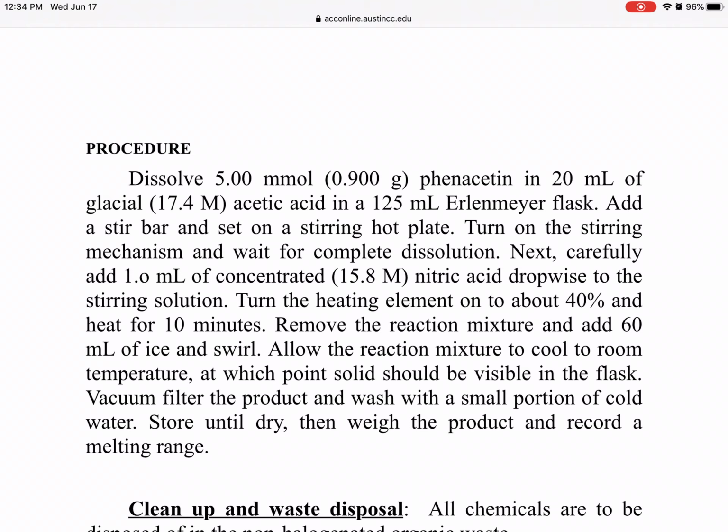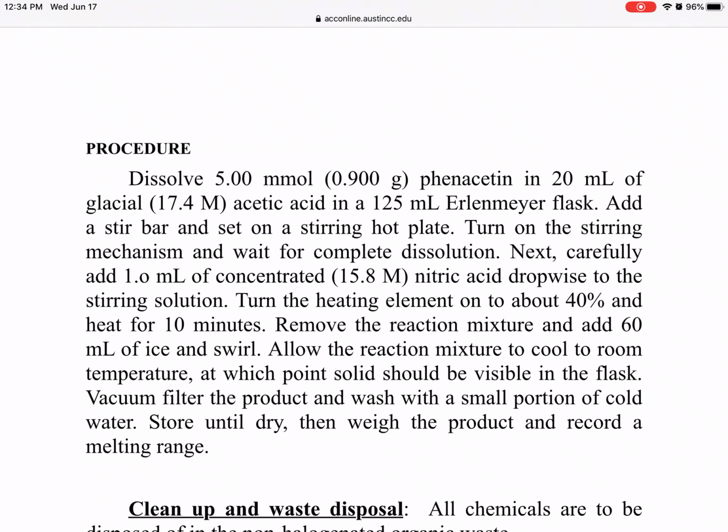and you add 60 milliliters of ice water. That's what we're going to be adding, ice, and you're going to swirl. So now what we do is we want the product to form a solid. The solid is being formed by cooling down the reaction mixture, that is one thing, and also nitrophenacetin, and you can see it's an organic compound.